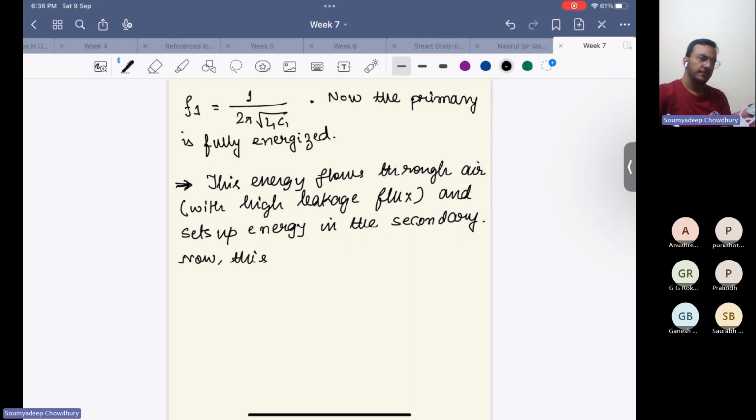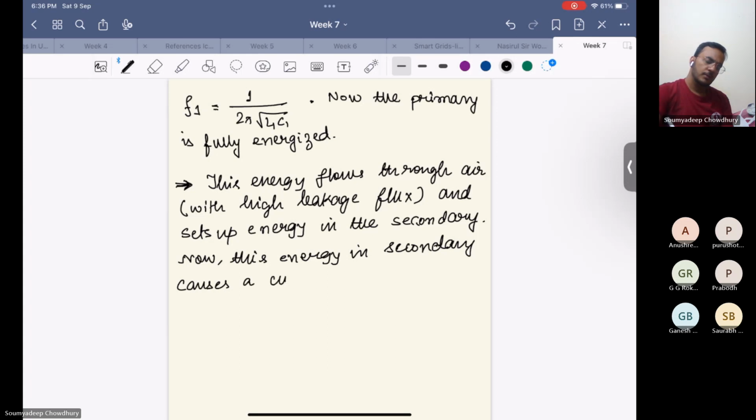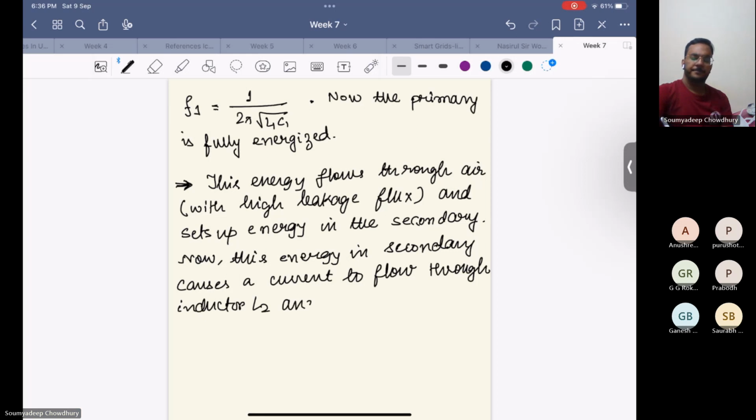So now this energy in the secondary will cause a current to flow to inductor L2 and capacitor C2.